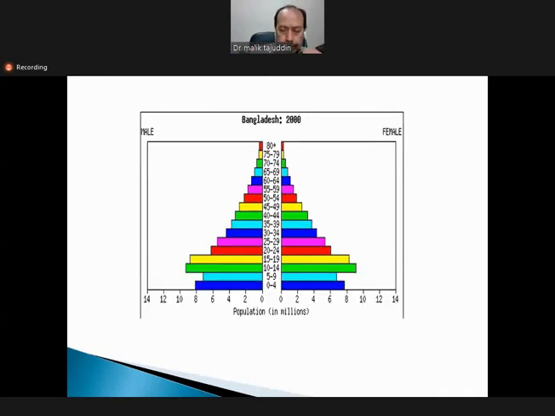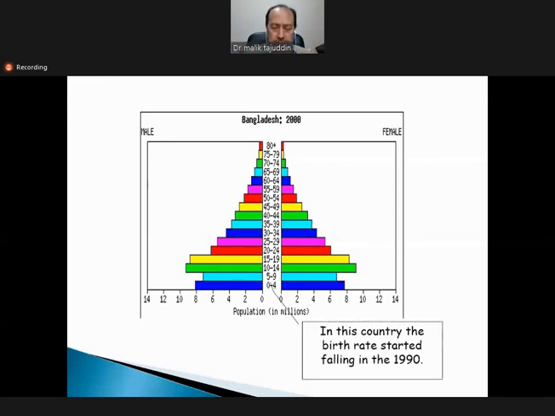So now see this population pyramid of Bangladesh in the year 2000, and you can see this is typical, if you see up till here, don't look below this green bar chart. If you see up till here, this is the year 2000, meaning 2000 to 1995, 1995 to 1990.